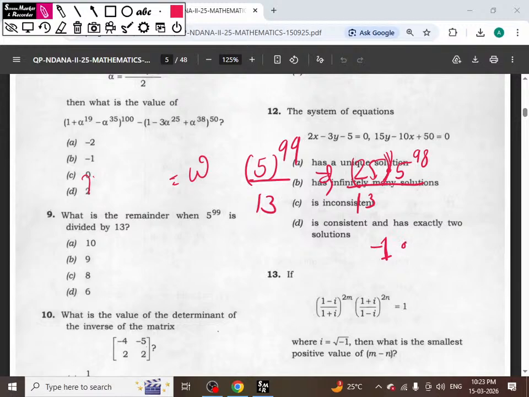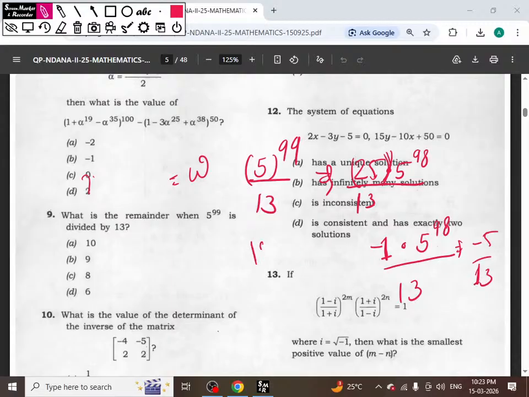We are getting 5 to the power. This means minus 5 divided by, yes or no? So we will get minus 5 by 30. What is minus 5 by 30?